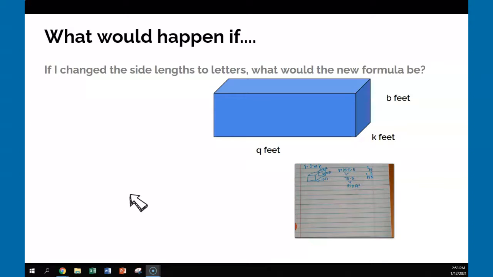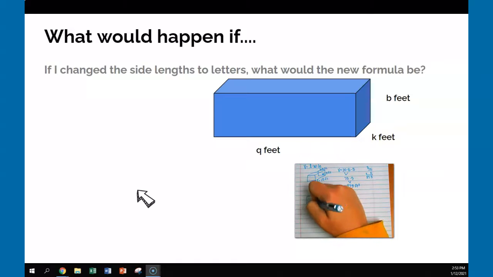I want you to think, what would the formula be if we changed our dimensions to letters? Go ahead and try that. What do you think it would be? If I changed the dimensions of my shape to letters, I'll draw you another beautiful rectangular prism. This one's even better than the last one. We have Q feet, K feet, and B feet.